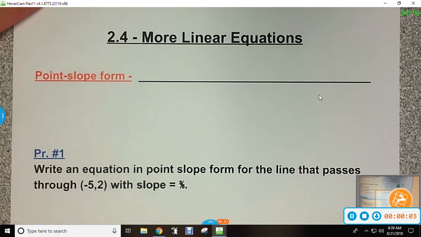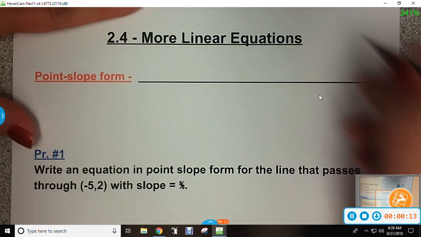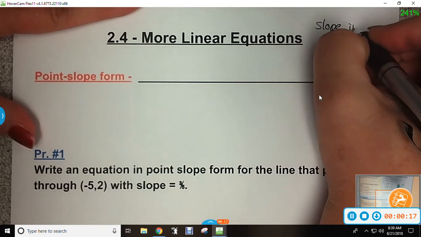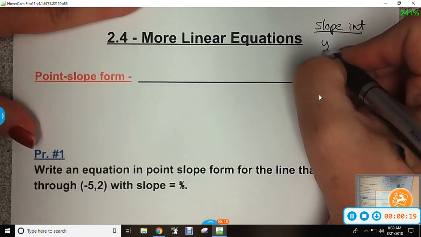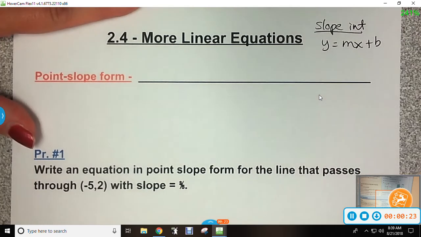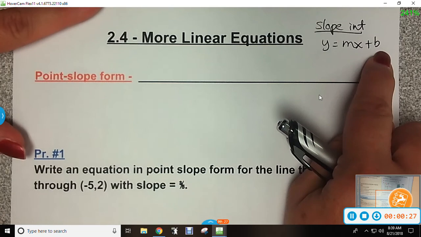Alright guys, today we're going to talk about different ways of writing linear equations. In section 2.3 we talked about slope-intercept form, and remember your slope-intercept form was y equals mx plus b, where m was your slope, b was your y-intercept.